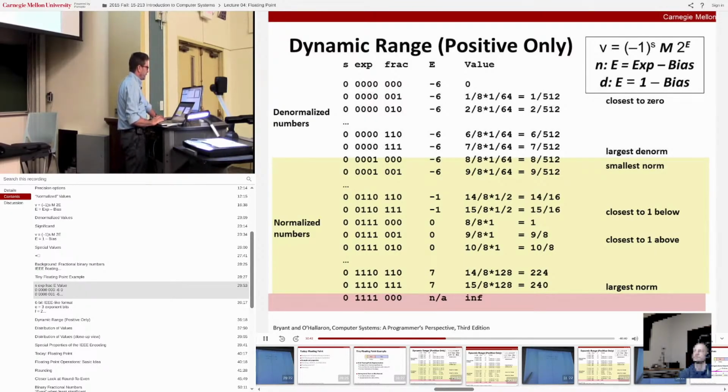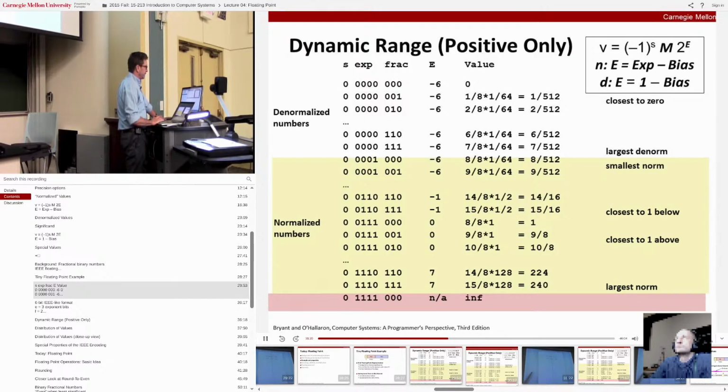Okay, so when exp is all zeros, that's a denorm, by definition. And then the 3 frac bits are all 0. Remember the exp is all zeros, so for denorms, the exponent value is 1 minus the bias. Our bias here is 7. So 1 minus 7 gives us a value for the exponent of minus 6.